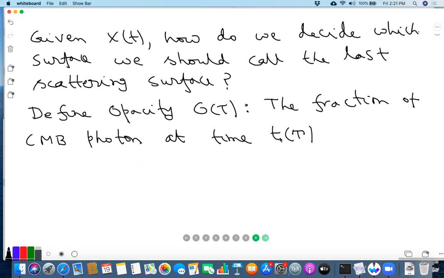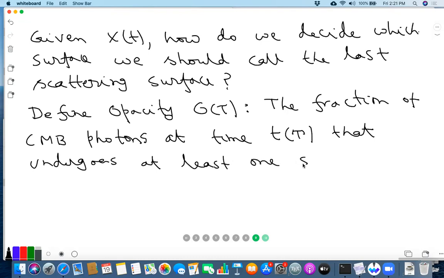I can either think of temperature as a function of time or time as a function of temperature. So this is the fraction of CMB photons at time t that undergo at least one scattering before it reaches us.